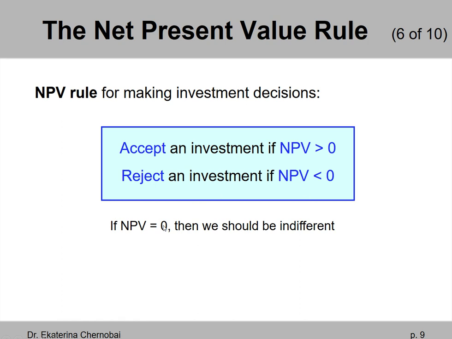What about the NPV equal to exactly 0? In this case, we say that we are indifferent between investing or not investing, accepting the project or rejecting the project. So you can argue and say that you should probably just reject it because it's not worth the time, right?